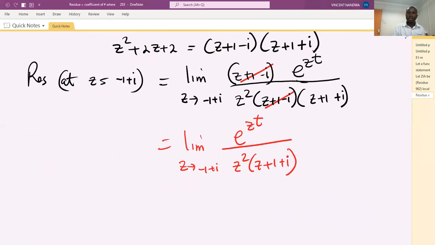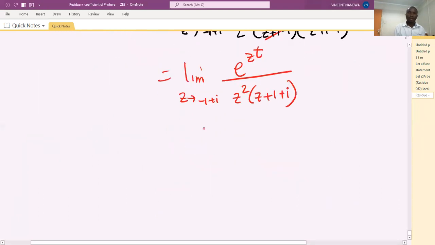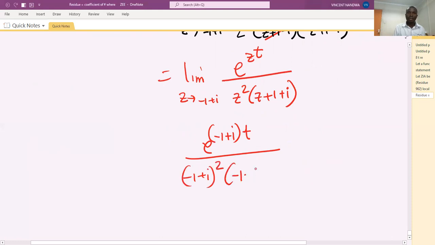Now you just substitute directly. So we'll get e raised to the power (-1 plus i) times t over (-1 plus i) squared times (-1 plus i plus 1 plus i).